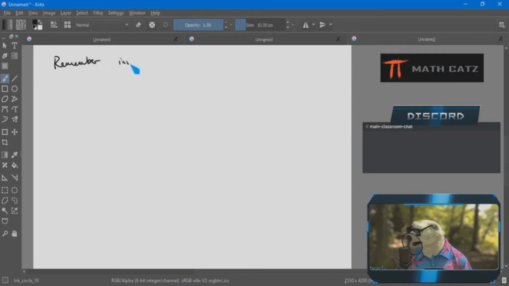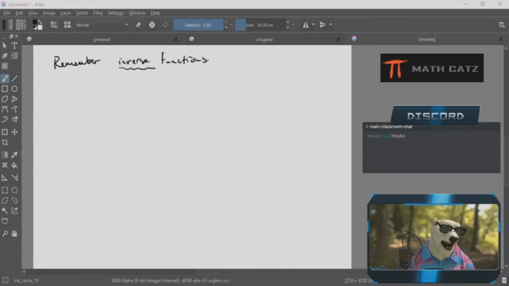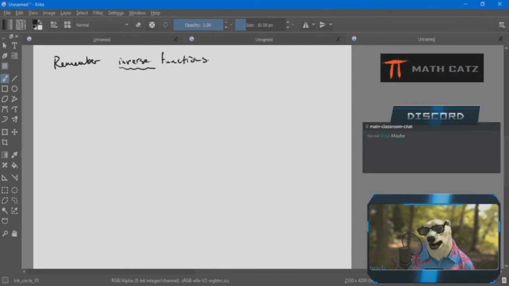Remember inverse functions. Oh no. Do we remember inverse functions? Maybe. That's a good answer. I like that answer. Maybe. The word is familiar, but don't really ask me to do anything. That's the level we are probably at. Don't ask me to write down anything, but I could remember the word.